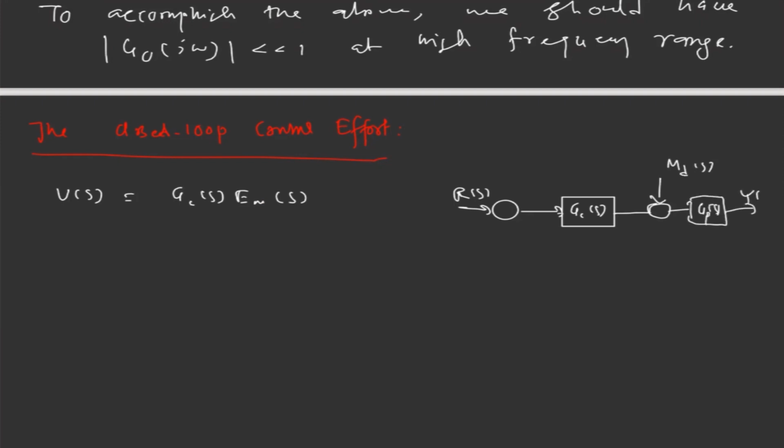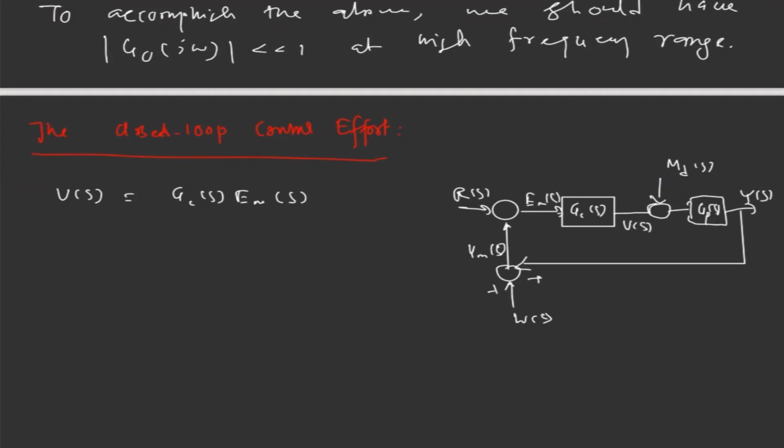This is Y(s). And we have measurement noise coming into the system, which is W(s). And we have feedback here, plus. This is Y_M(s), this is E_M(s), and this is U(s).